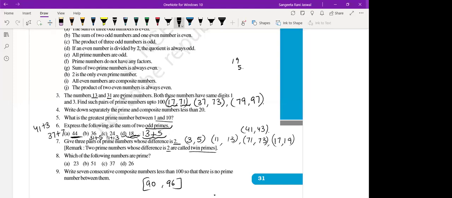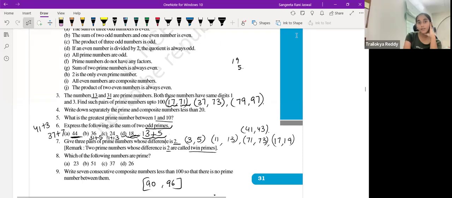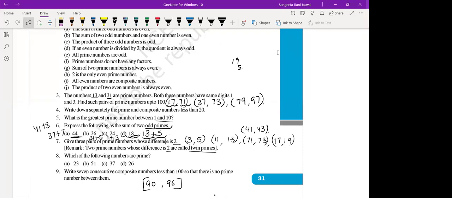Think of something more also, some more different if you can think of. Yes, anyone else also? You can also give your ideas. Nishika, 11 plus 7. Okay, yes, good. 11 and 7.